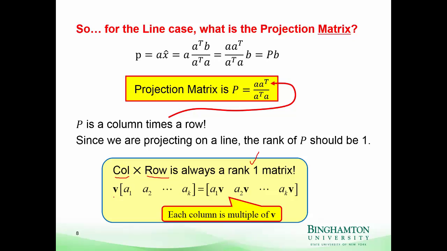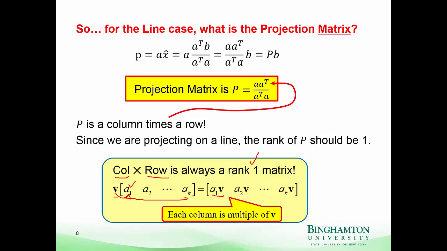So let's take our column vector V times a row vector, which has, we're showing the elements, A1, A2, and so on. Now, if we use our properties of multiplication, we can pass this V through. And since the A's are scalars, we can put them in front.